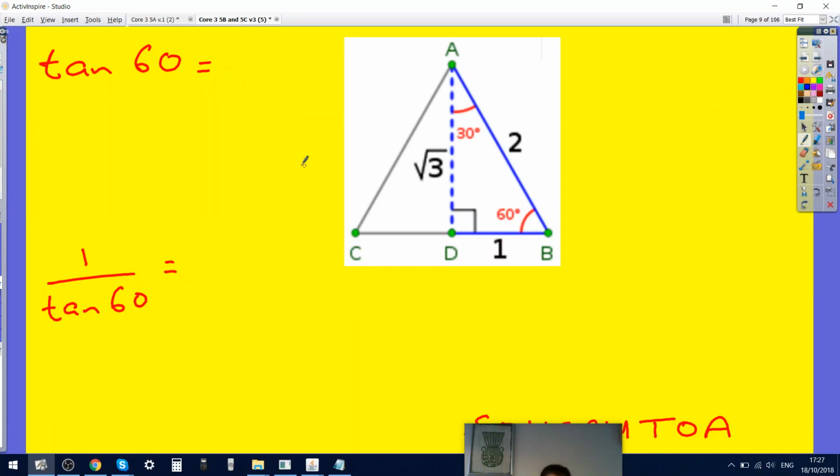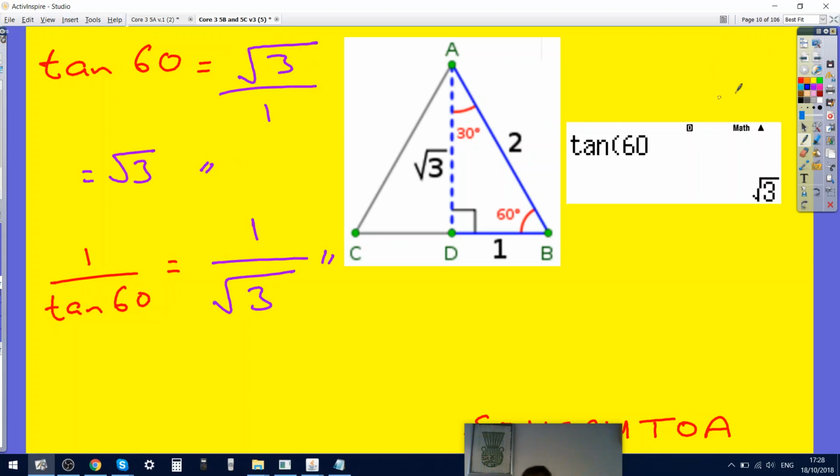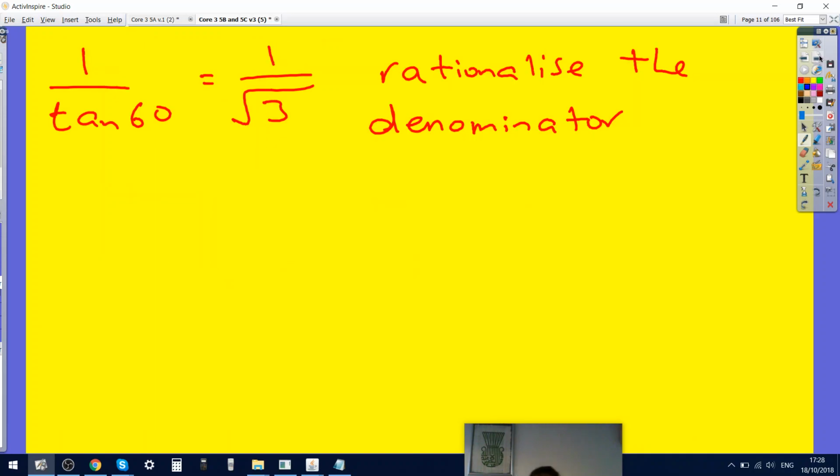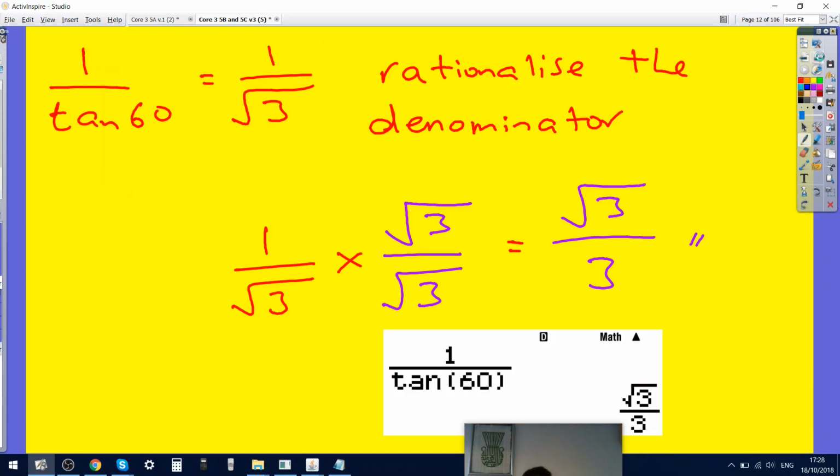Tan 60 we found earlier, actually. We said it was root 3 over 1 or just root 3. 1 over tan 60 is 1 over root 3. Yep, and it rationalizes the denominator in your calculator to root 3 over 3.